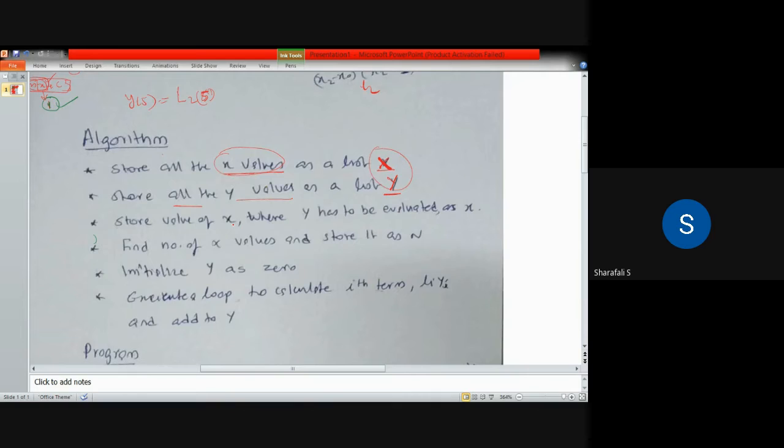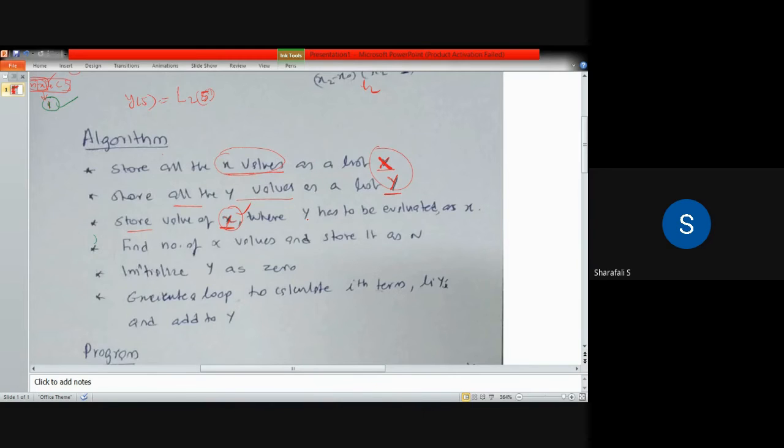Okay, and then we have to store the X value. This is not a list, but this X value is corresponding to the Y value that we have to determine. So this X value we have to provide: at what X value you need to find out the Y value.